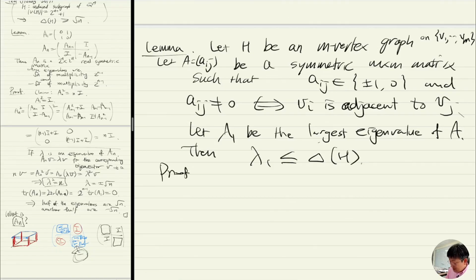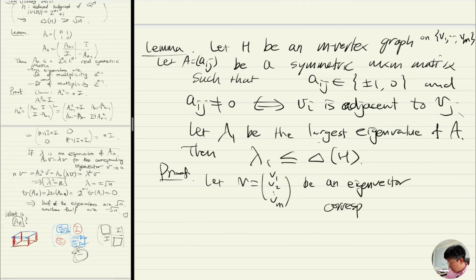And the proof is a simple linear algebra. So let V be an eigenvector corresponding to lambda 1. Okay.